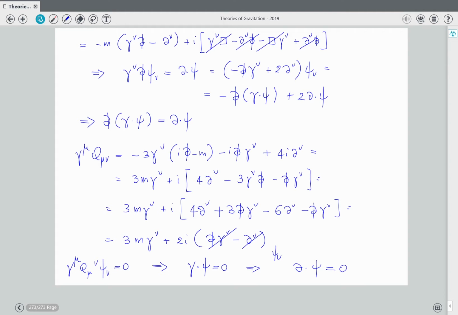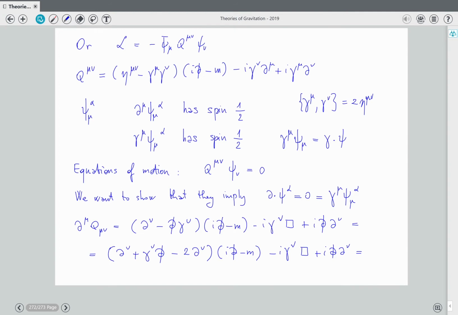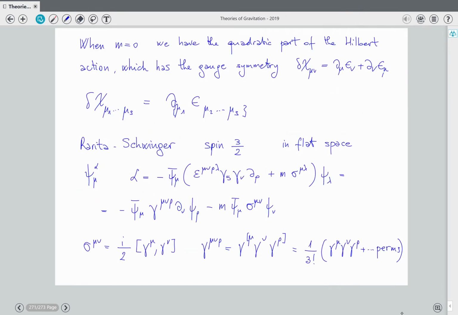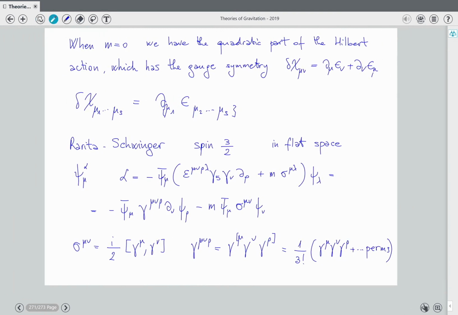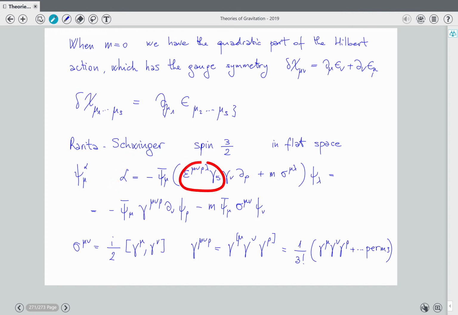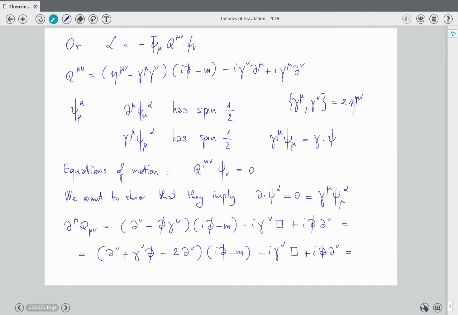Last time we were talking about the Rarita-Schwinger action. There are many ways to write it down. The simplest one is this one, with the epsilon tensor. But you know that epsilon times gamma 5 can be written in other ways, and it's a little bit annoying to show that this is equivalent to that, and that that is equivalent to the other one.